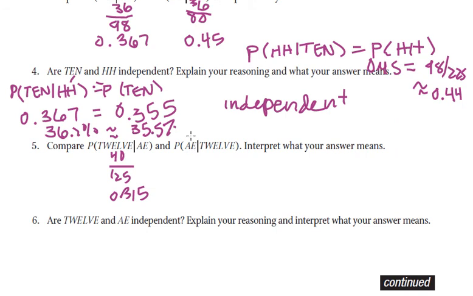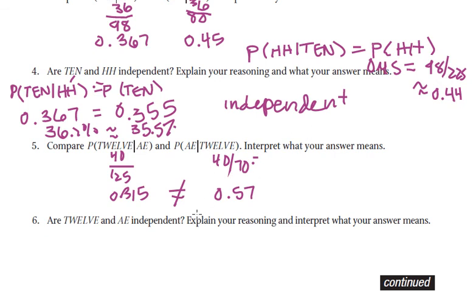Then here, the probability that you're in 12th grade given academic achievement, so that's 40 out of 70, that's about 0.57, and those are not roughly equal. That's about 32% and 57%.